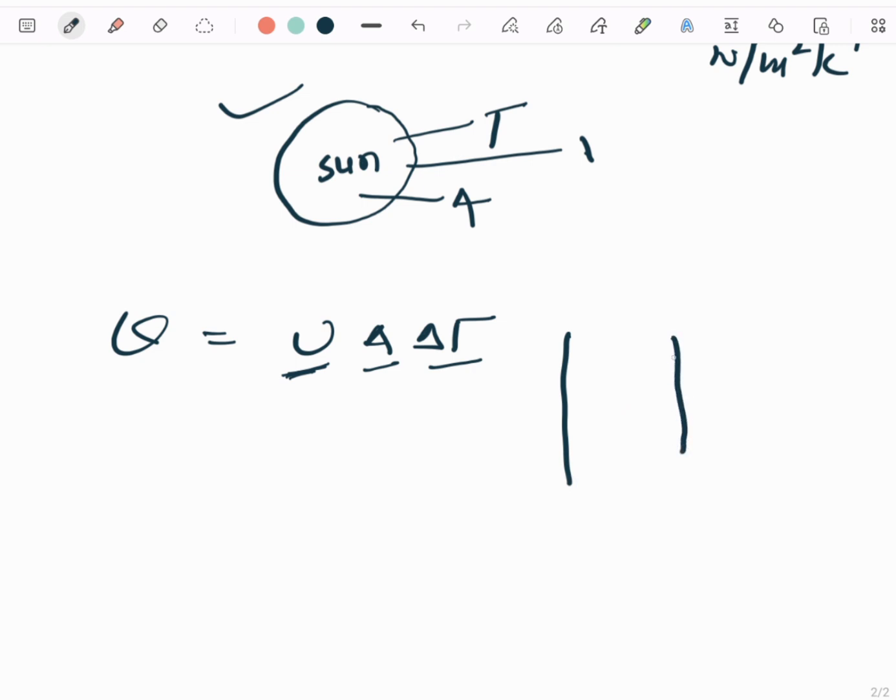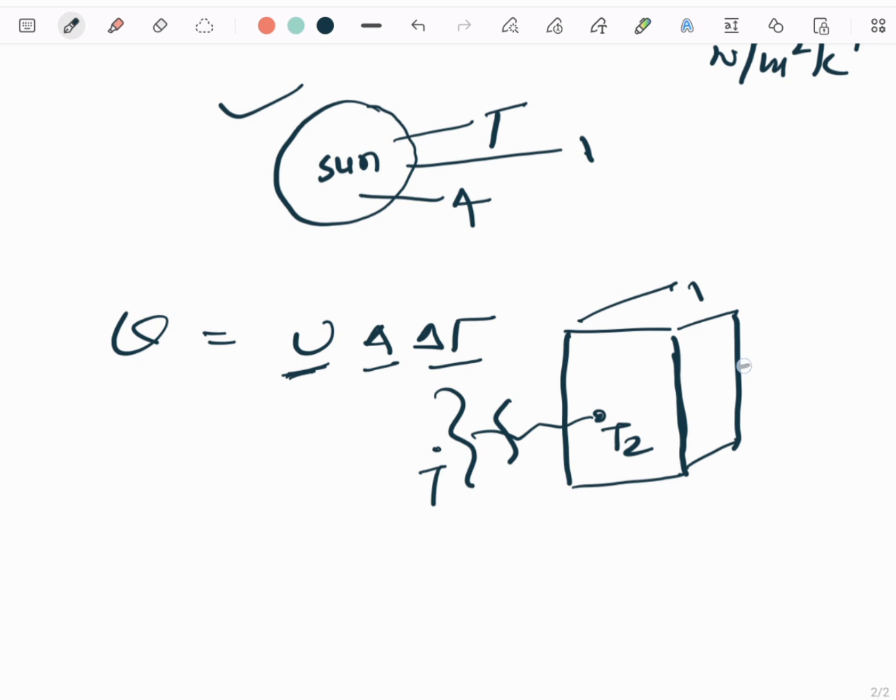Suppose you want to calculate the heat transfer from air to wall and from this surface of the wall to that surface of the wall. In that case, you use this equation where U will be the overall heat transfer coefficient calculated by using the convective heat transfer coefficient of the air and the conductive heat transfer coefficient of the wall.